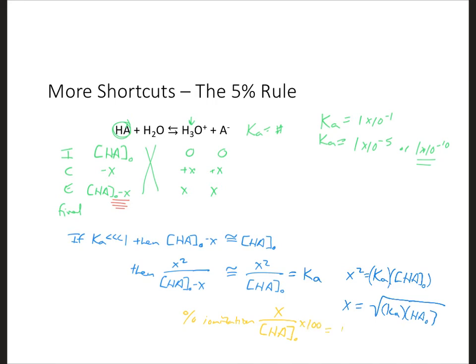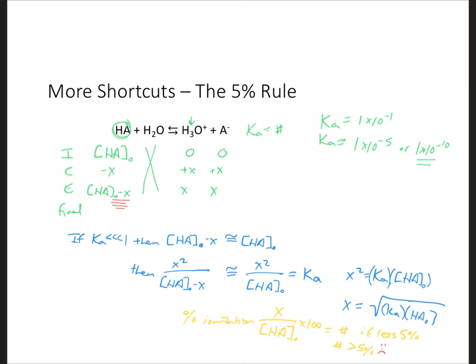Whatever number that equals, if less than 5%, we're good to go. If that number is greater than 5%, well, sad day, we have to go back and do the quadratic equation.